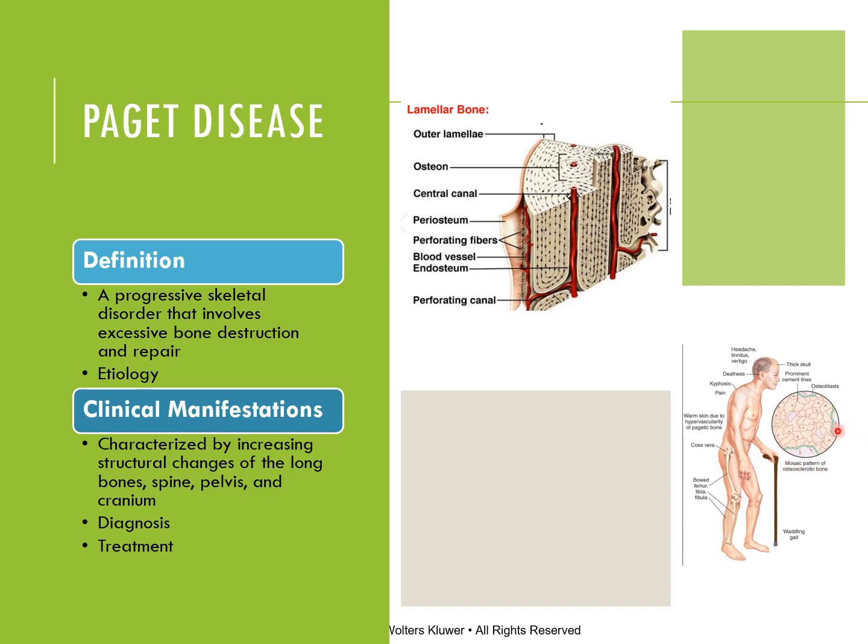And you can see that in this insert here, where there's just this disorganized matrix of bone production, not in this definitive linear or lamellar construction that we see in normal bone. And so because that bone that's developing is of really poor quality, the clinical manifestations of someone with Paget's disease are bowing or structural changes to the bone.